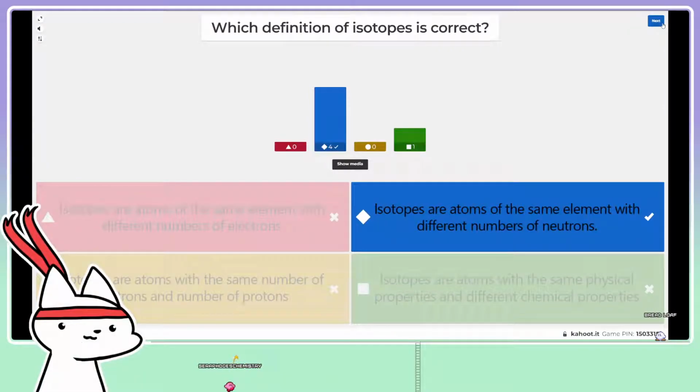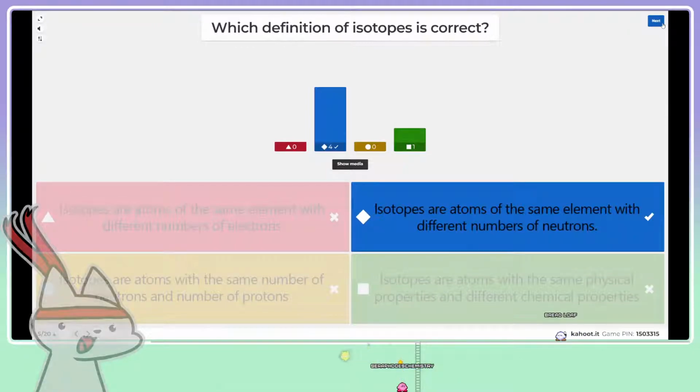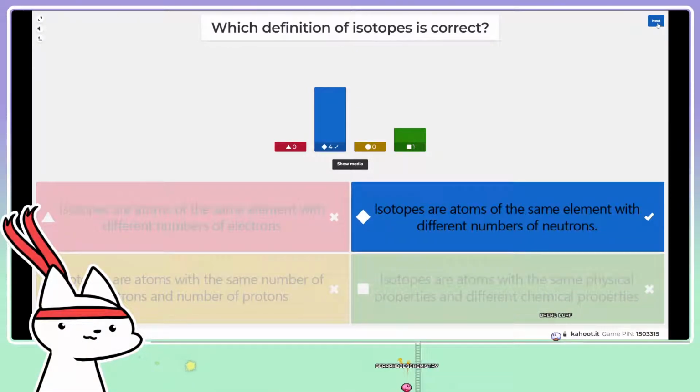Mass number affects physical properties. Valence electrons affect chemical properties. Isotopes have different mass numbers, therefore their physical properties will be different. So in the end, isotopes will have different physical properties but the same chemical properties because they are the same element.